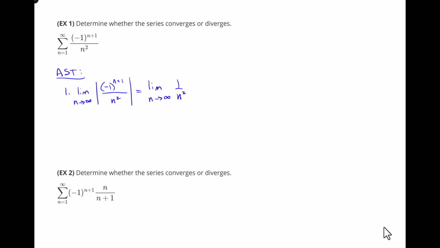Or, since that's always the first step, you can really just start with the absolute value of just the non-alternating counterpart. Now, this limit is pretty straightforward. We have a rational function where the degree in the denominator is larger than the numerator, so that's going to result in 0, and so that holds. That's one thing that is necessary.